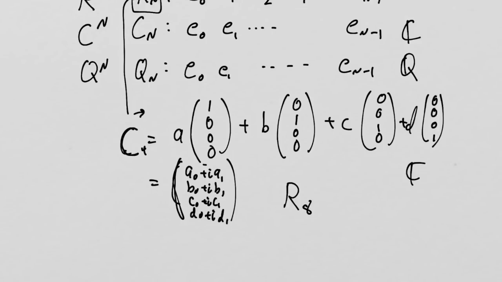So if I was going to try to write this vector space equivalently in terms of a real vector space, I would need 8 dimensions in the real vector space to accommodate the 4 dimensions in the complex vector space. And a similar problem happens for the quaternions, where now we boost it up to 16. So I would need R16 to do Q4, right?